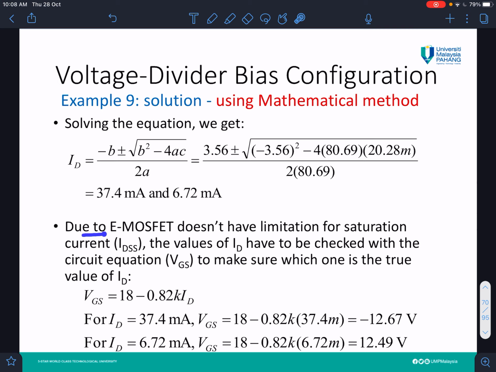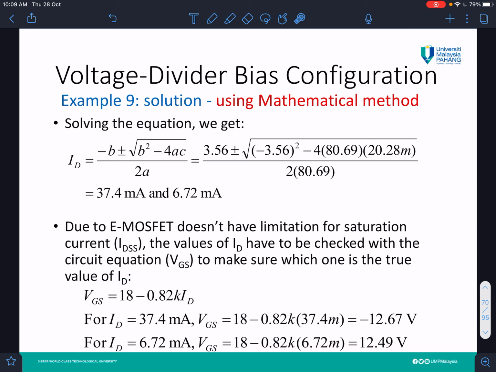Because the E-MOSFET doesn't have a limitation of saturation current IDSS, the value of ID has to be checked with the circuit equation for VGS to make sure which one is the true value of ID. Again, use this VGS equation to calculate its value.